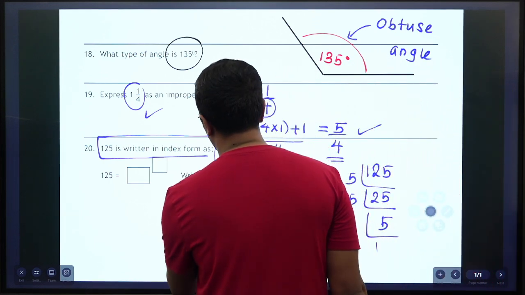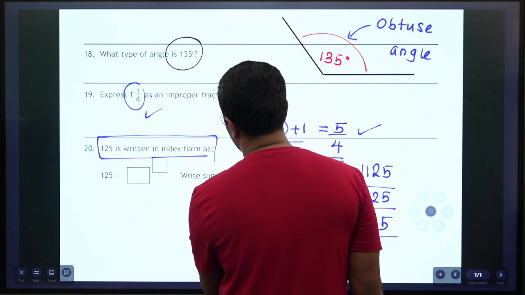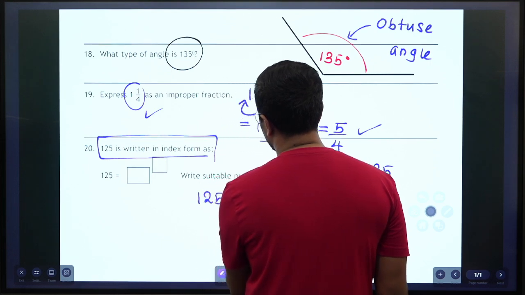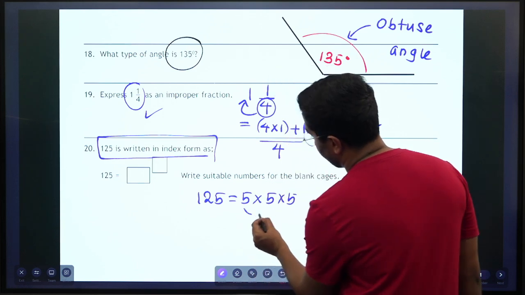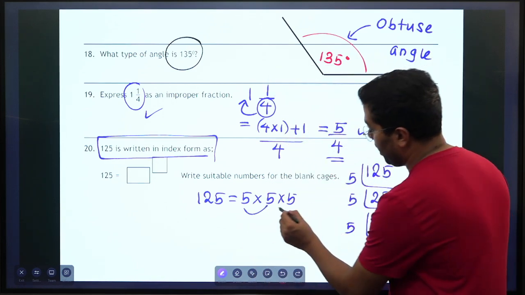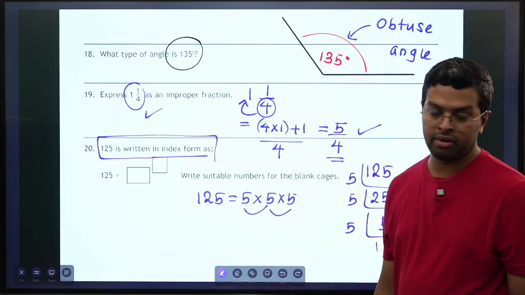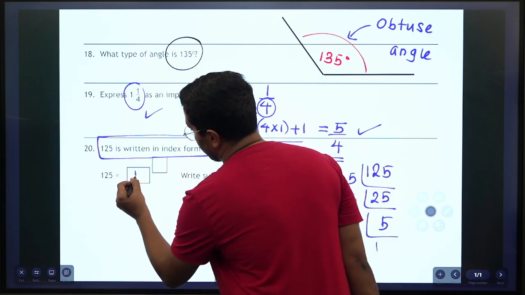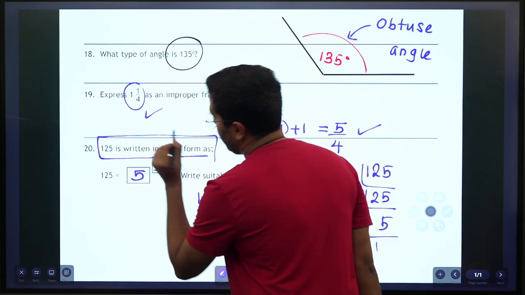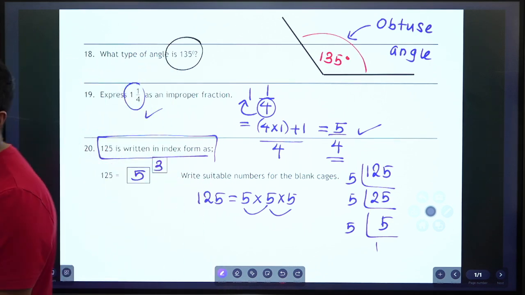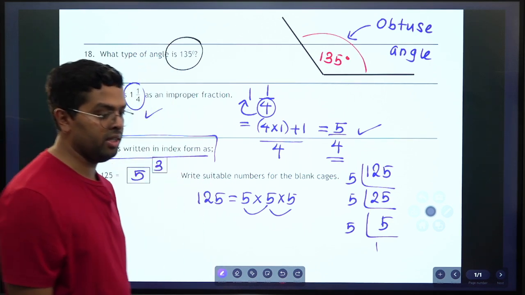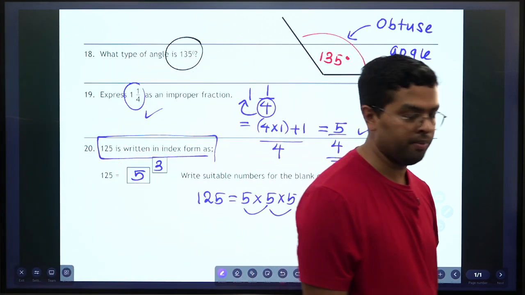So 125 equals 5 into 5 into 5. 5 into 5 is 25. 25 into 5 is 125. So using index notation, we can write 125 equals 5 to the power 3.